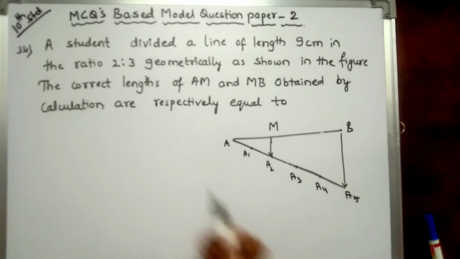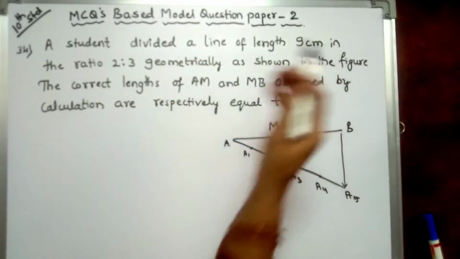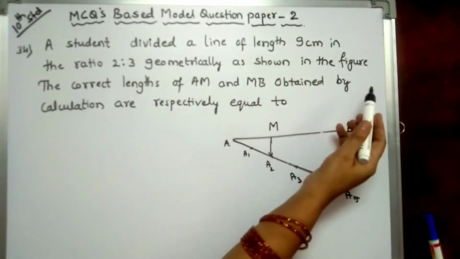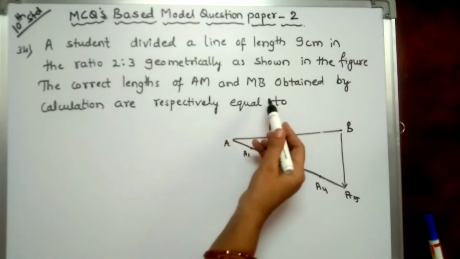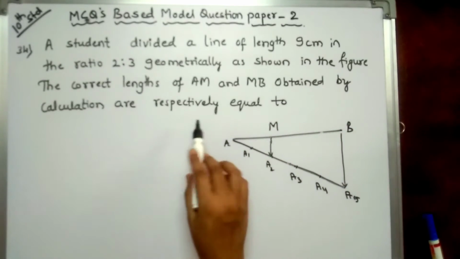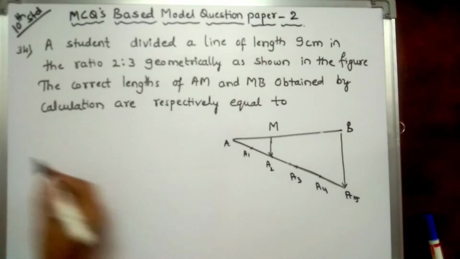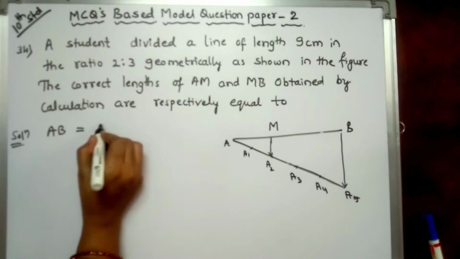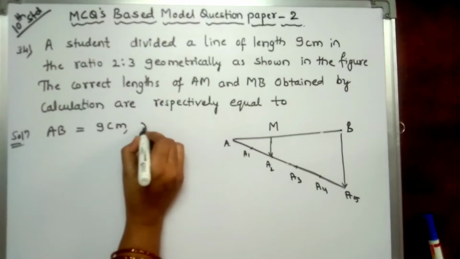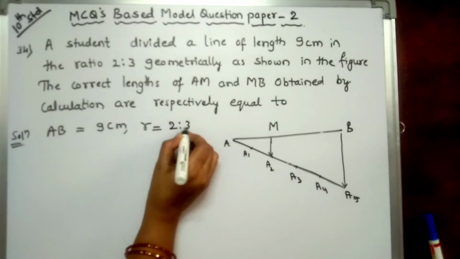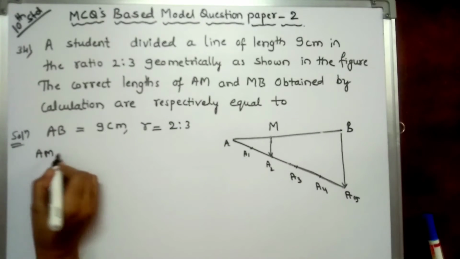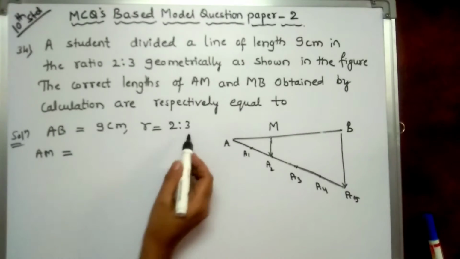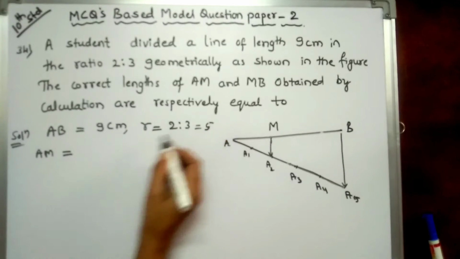Question number 34. A student divided a line of length 9 centimeter in the ratio 2:3 geometrically as shown in the figure. The correct lengths of AM and MB obtained by calculation are respectively equal to. The total length AB is equal to 9 centimeter and the ratio is 2:3. The sum of ratio is 5, and AM is 2 parts.